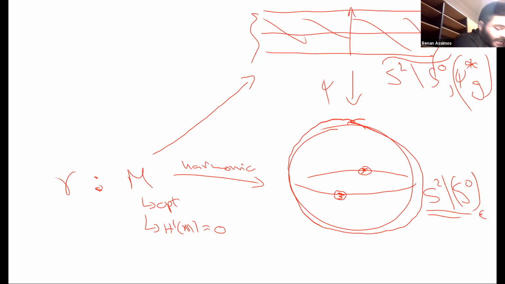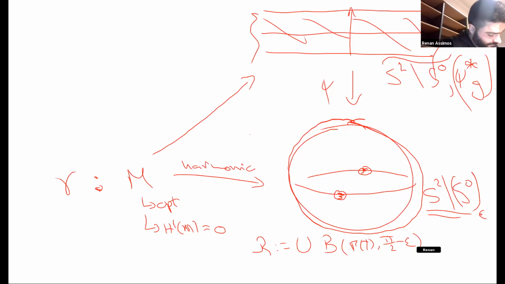And then we have the following thing. If I look at the foliation that I have drawn before, I said before that you define a region R as the union of balls centered in some curve gamma_t, right, with radius pi over 2 minus some epsilon.